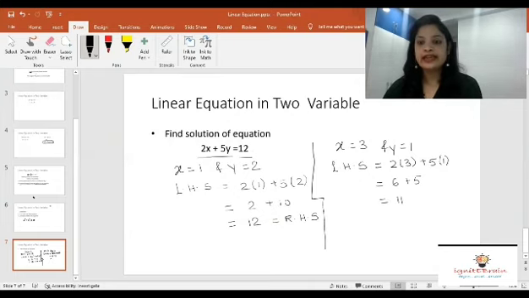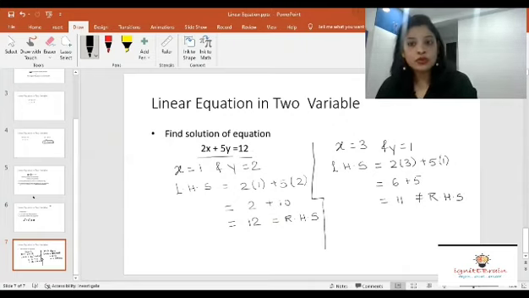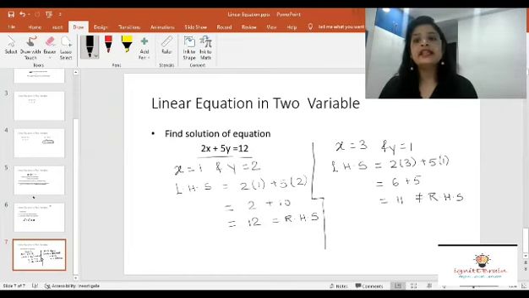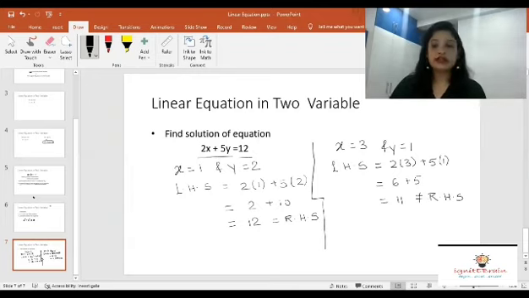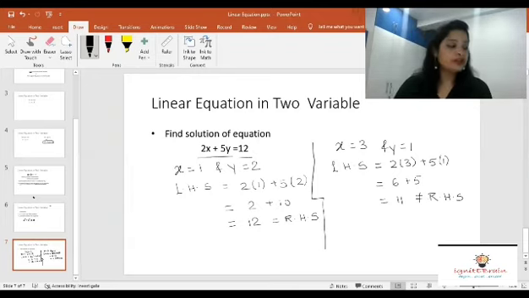So this is 11. But is it equal to the right hand side? No, it is not equal to the right hand side. So when we substitute x equal to 3 and y equal to 1, left hand side is not equal to right hand side. It means this is not the solution of this equation.